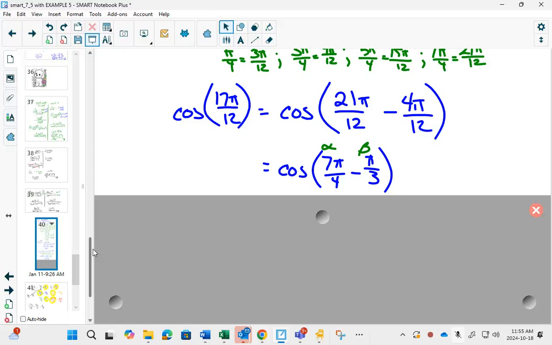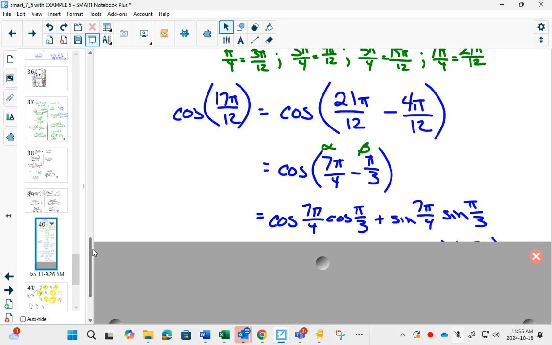Since we're subtracting, I'm going to use the cos alpha minus beta formula, which is cos alpha, cos beta plus sine alpha, sine beta. And now that all of these are on your pie plate, it's just cos of 7 pi over 4, cos of pi over 3, plus sine of 7 pi over 4, sine of pi over 3.